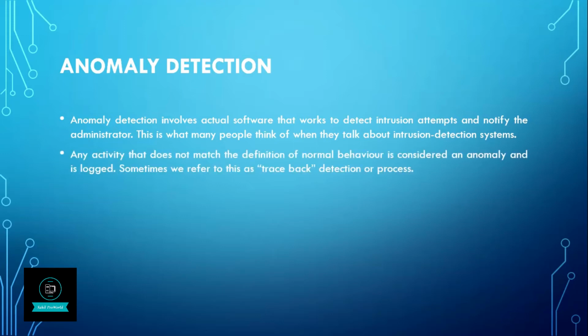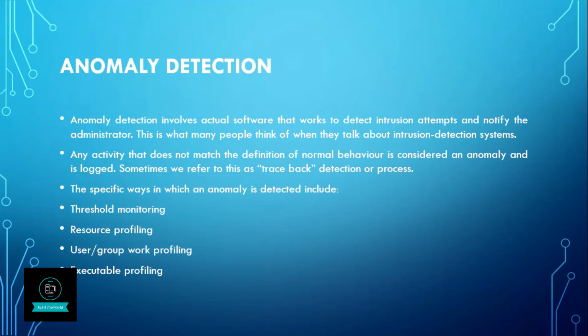Any activity that doesn't match the definition of normal behavior is considered an anomaly and is logged. Sometimes we refer to this as the traceback or detection process. We are able to establish from where this packet was delivered. The specific ways in which an anomaly is detected include threshold monitoring, resource profiling, user group profiling, and executable profiling.